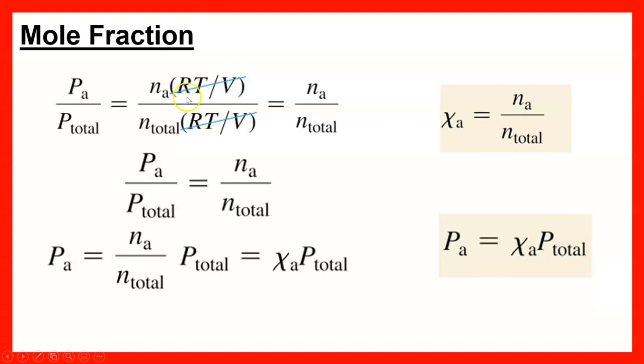You should notice that R cancels out because R doesn't change. These gases are all at the same temperature, so the temperatures cancel out. And they're all in the same container, so the volume cancels out. So by understanding what the mole fraction is, you can use that to tell you what the partial pressure ratio would be.